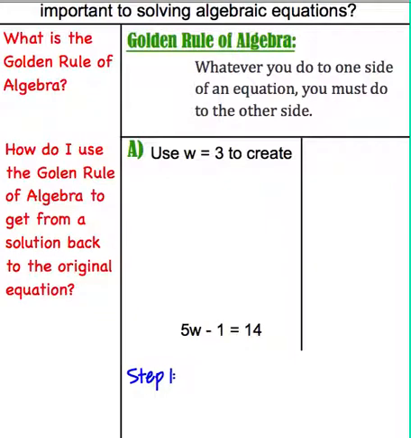If we talk about the Golden Rule, and we have the statement 2 equals 2, that means if I multiply the left side by 4, and I don't do anything to the right side, I end up with 8 equals 2, which we know is not a true statement. So we must also multiply the other side by 4 to maintain a true statement.